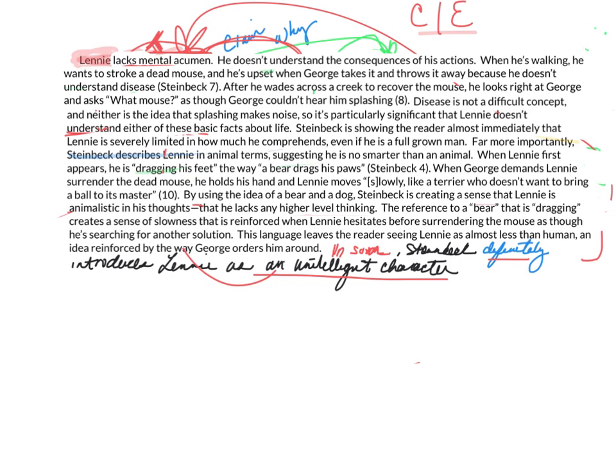And that means, just like in this second half that I showed you here, you are going to have to look at very specific language, and you are going to have to tell me, what does that very specific language do? What is the effect of that language on the reader?